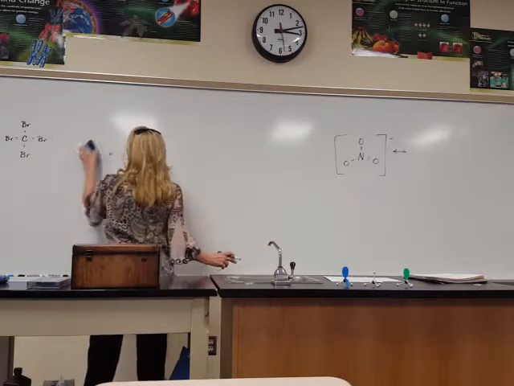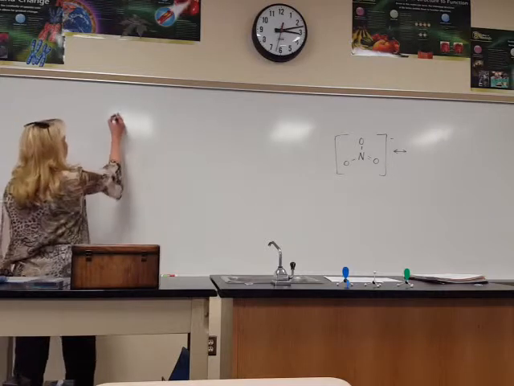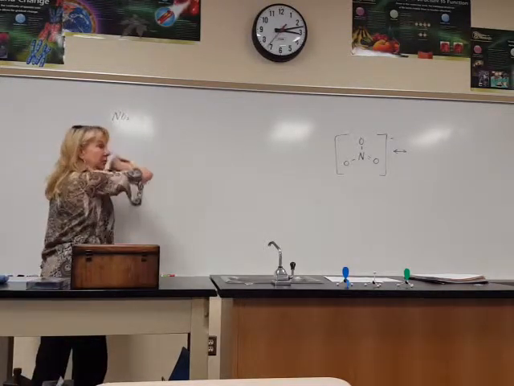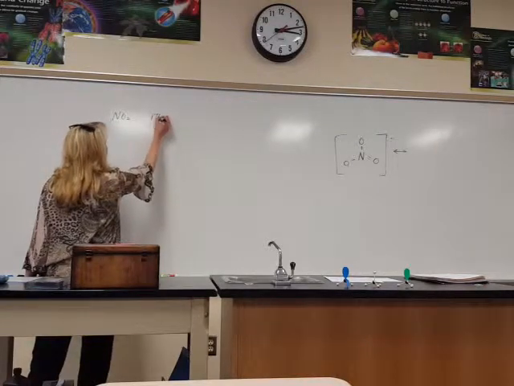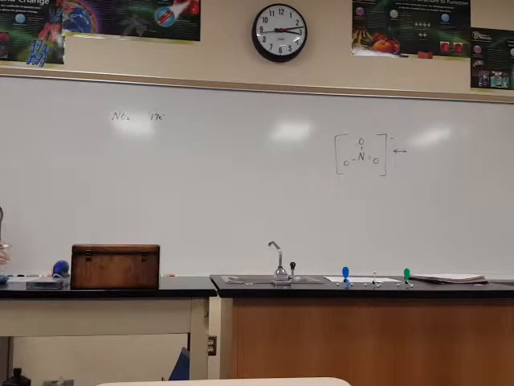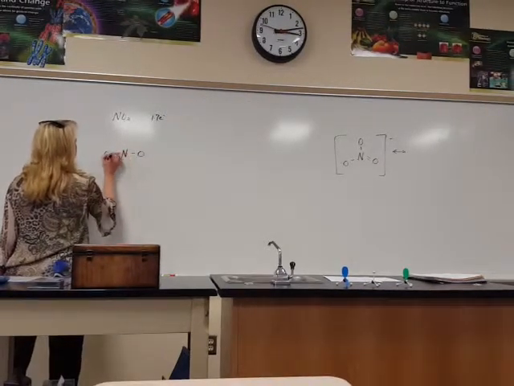Now there's one that you had on another homework paper that I want to go over. NO2. It is not an ion. And it had 17 electrons when you added it up. Central atom, bond it, fill them.